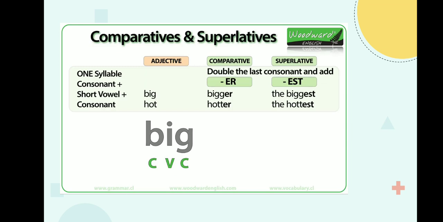So we double the last consonant. With the word big, the last consonant is G, so we need two G's. Big becomes bigger with two G's. The superlative is biggest, also with two G's.